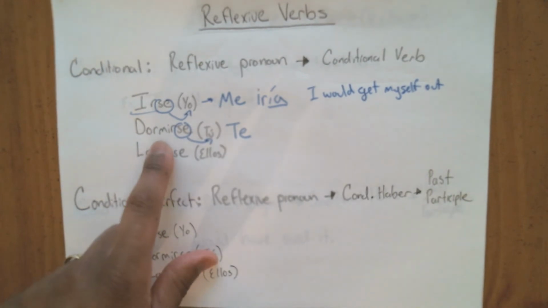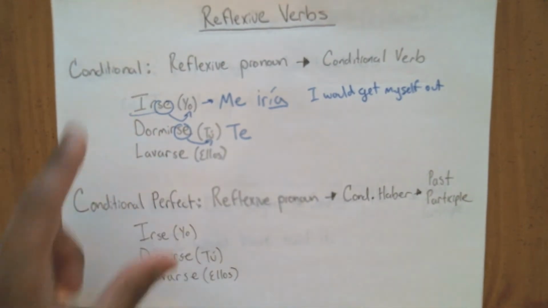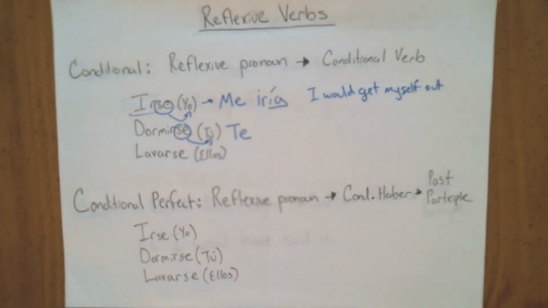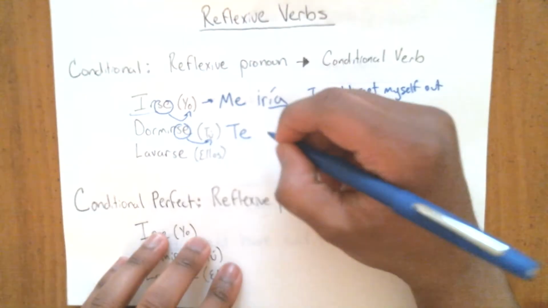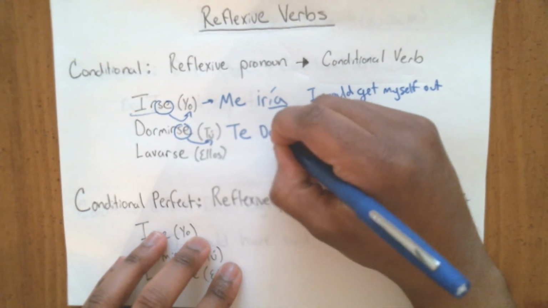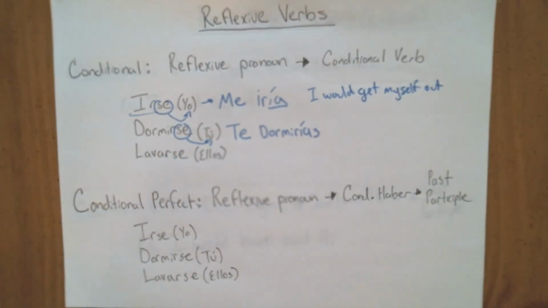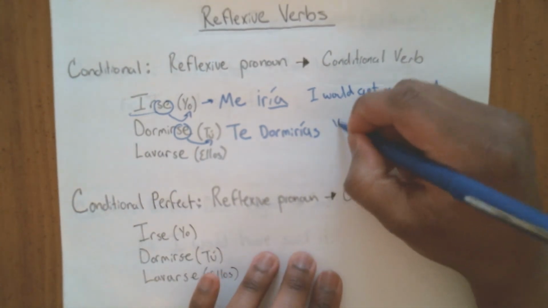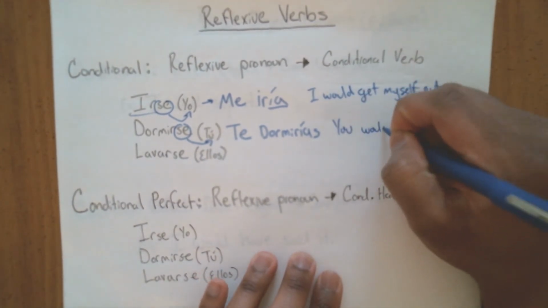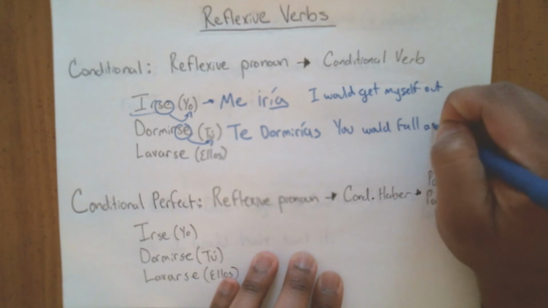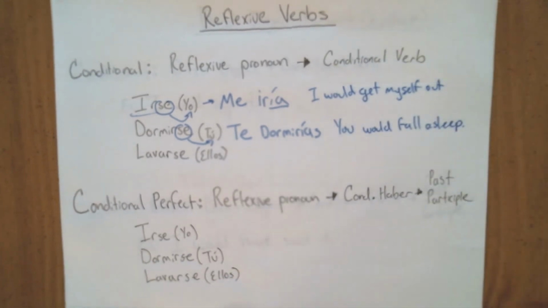Well, we know we need the tú form of this verb, but we need it in the conditional, so we need the you would form of this verb. So it's te dormirías, okay? Te dormirías, which means you would fall asleep, or you would fall yourself asleep, or saying like you would doze off. Te dormirías, you would fall asleep.